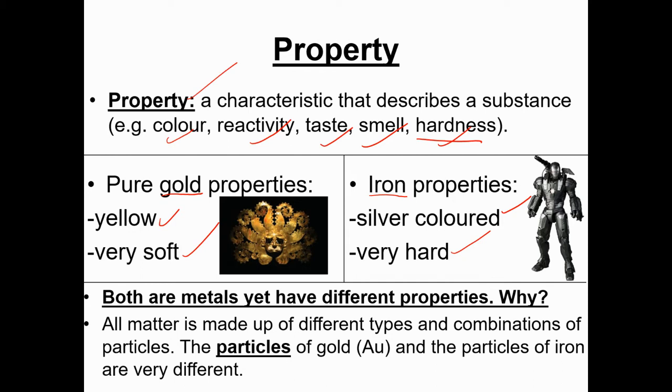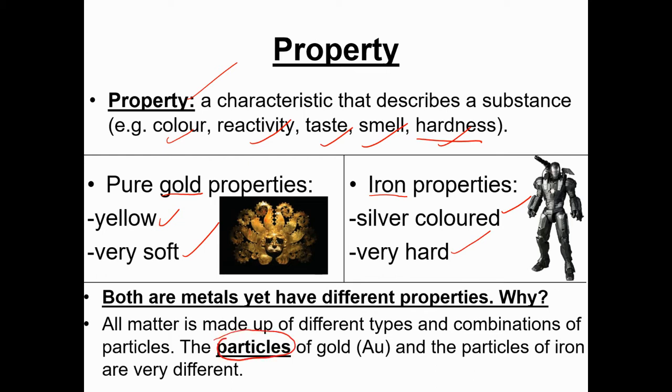So what we're going to do in this presentation is take a look at various examples of properties to describe substances. Another important thing to consider here is that even though gold and iron are both metals, they have different properties. They have different colors, different levels of hardness, and different reactivity, if I were to study that in more detail. The reason is because they're made up of different types of particles.